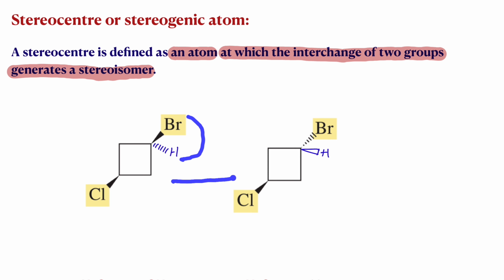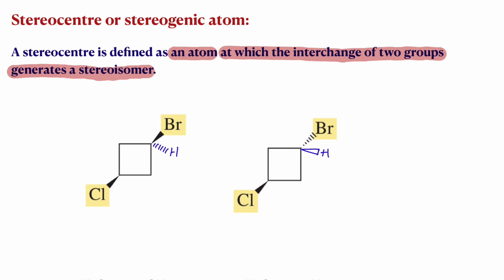As a result, you will get the second configurational isomer. So the atom at which the interchange of two groups or atoms generates a stereoisomer is a stereogenic atom, also known as a stereo center. So here in this example, this is the stereo center.